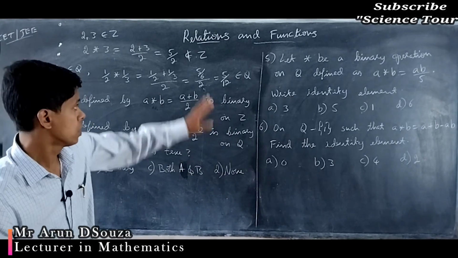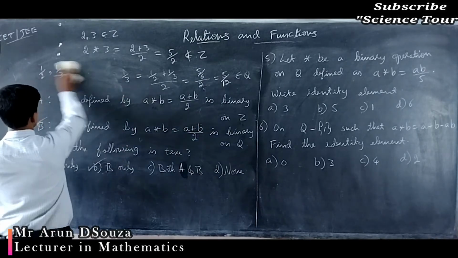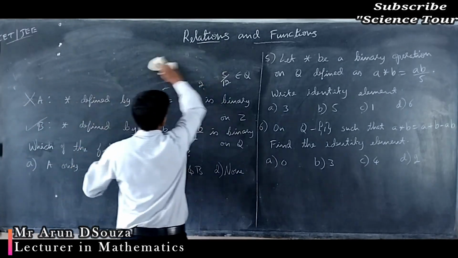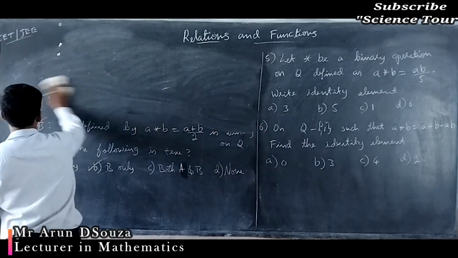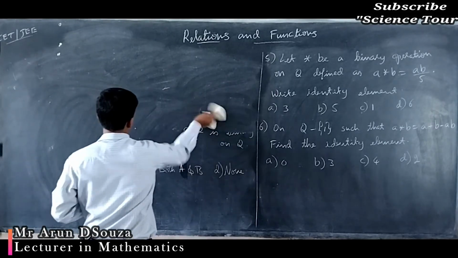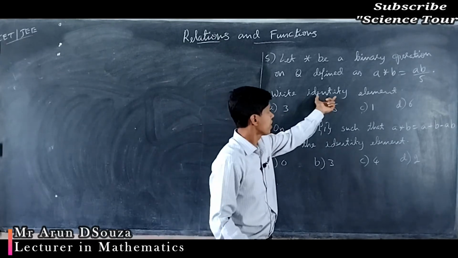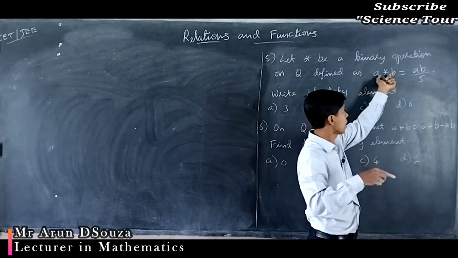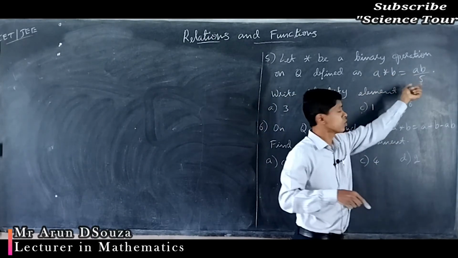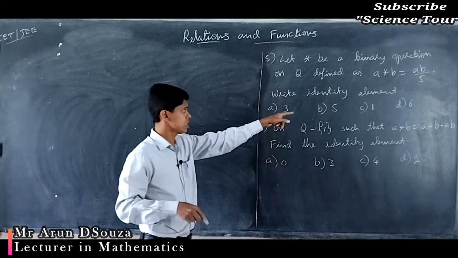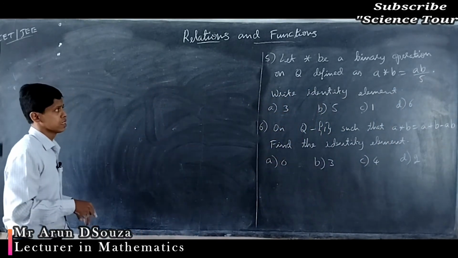Well, so let's talk about the fifth question now. You have to identify the identity element for star given by A star B is equal to AB by 5. The options are 3, 5, 1 and 6.